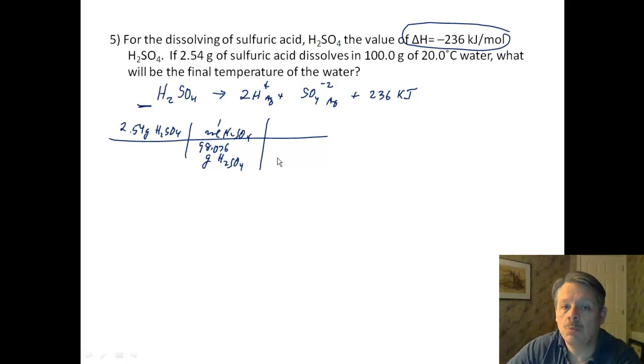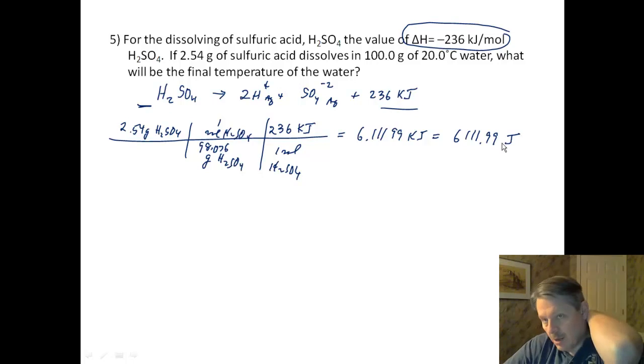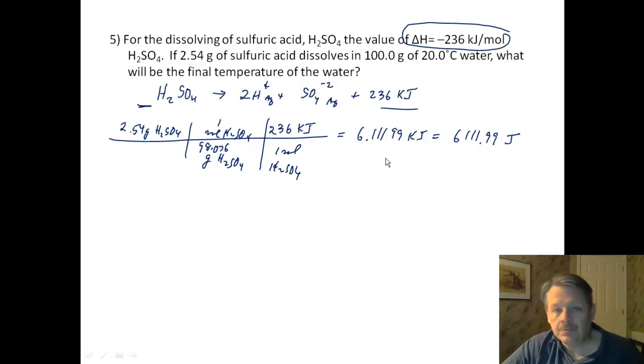So 1 mole of H2SO4 gives us 236 kilojoules of energy. So if I do this math, I get 6.11199 kilojoules of energy, which is the same as 6111.99 joules of energy. I'm probably just going to round that as I go.